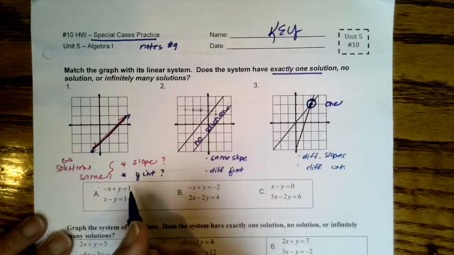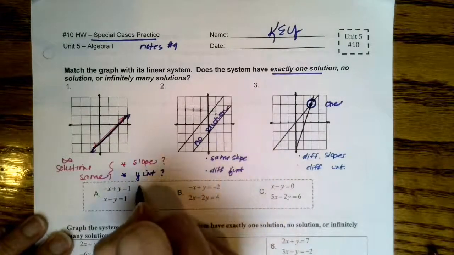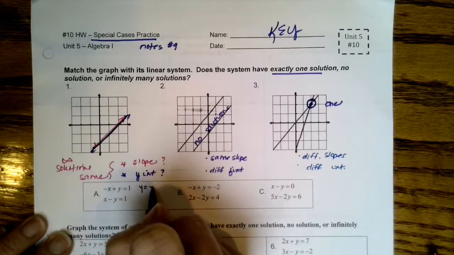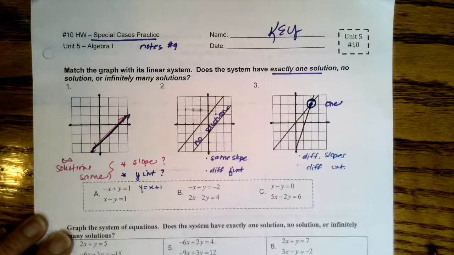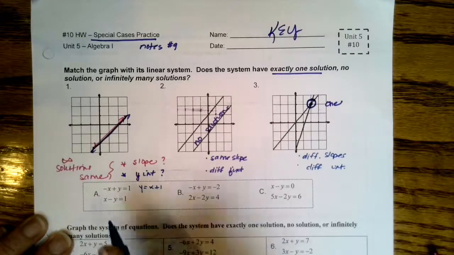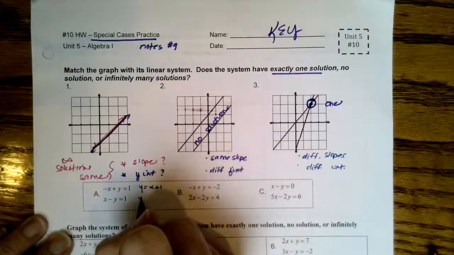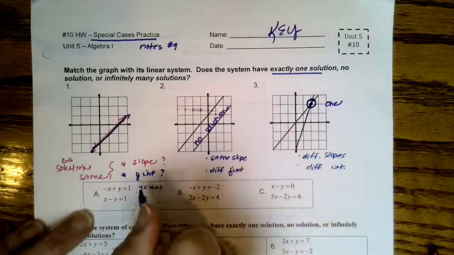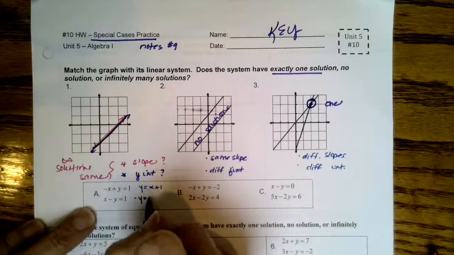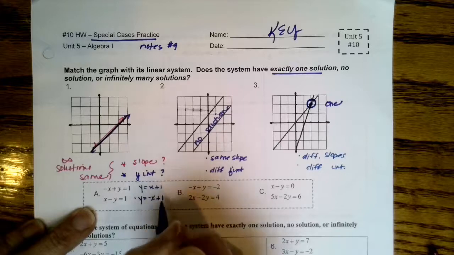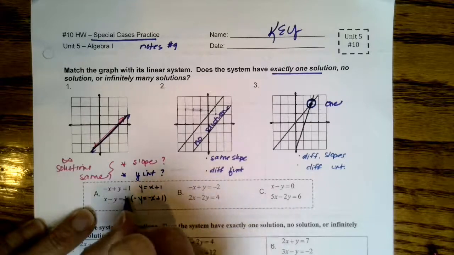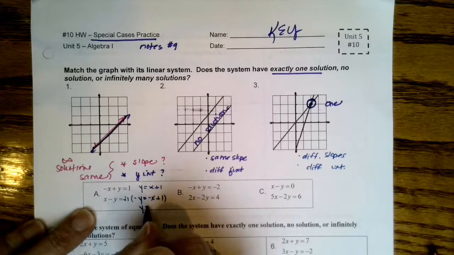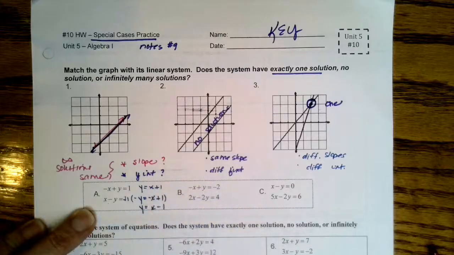Alright, so let's take a look. If I go ahead and solve for y in each of these scenarios, y is equal to positive x plus 1 when I add x to each side. When I look here and I say y is equal to, I had to subtract x from each side, so negative y is equal to, and then when I multiply everything by a negative 1, I end up with y is equal to positive x minus 1.